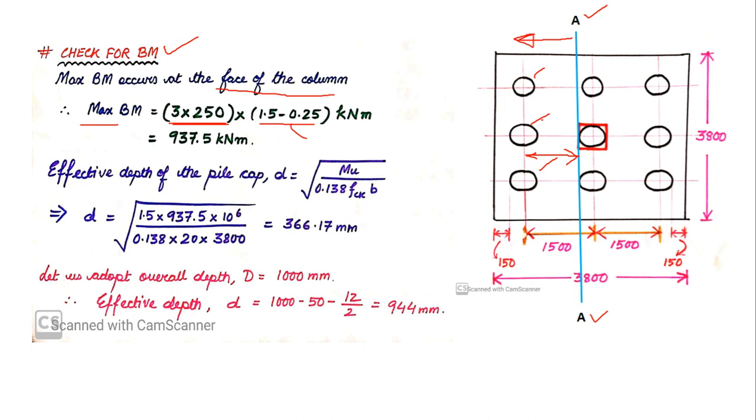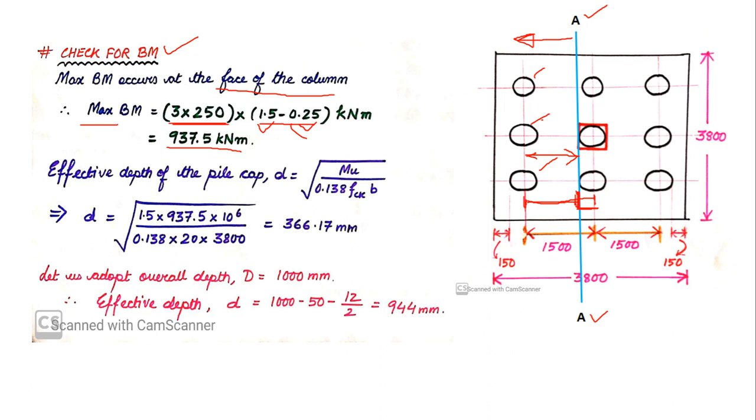From the center line to the center of the middle pile, it is 1.5, and this distance is half the diameter of the pile, so 0.25. So 1.5 minus 0.25 gives the distance from this part to this part. So the maximum bending moment comes to 937.5 kilonewton meter.